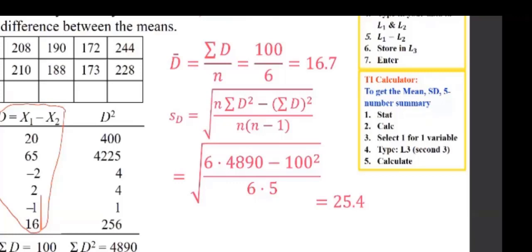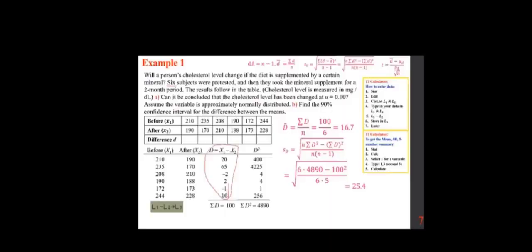But let's see, I want to show you this one. So L1 minus L2, there is an arrow which stands for store on a TI calculator. You click on that and you are storing after you input L1 and L2 information. And it gives those numbers. Now we are going to do one variable stats.